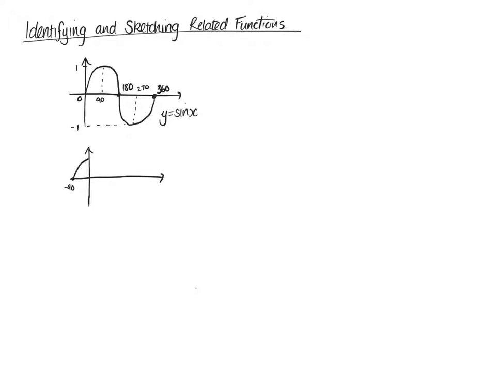So I'm going to start at minus 90, go up, go back, go down, and go up. So at this point, that's going to be 0, that one's going to be 90, that is going to be 180, and then we've got 270 here, and the graph still keeps going because it's a wave, it keeps going.